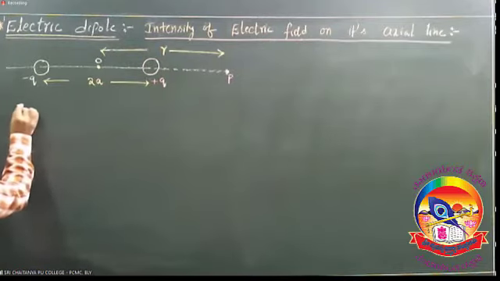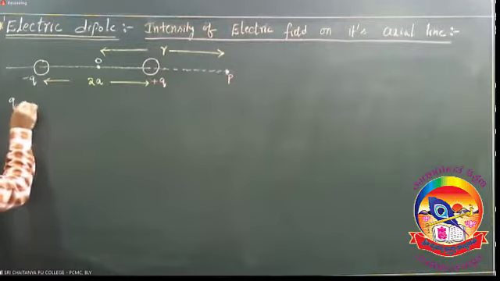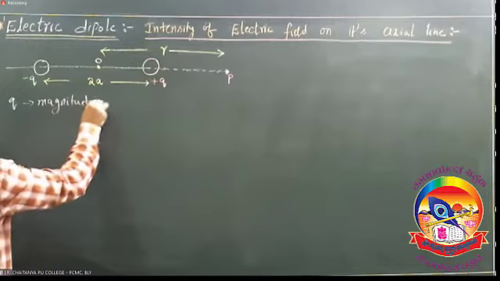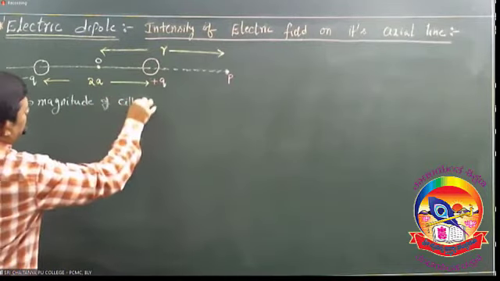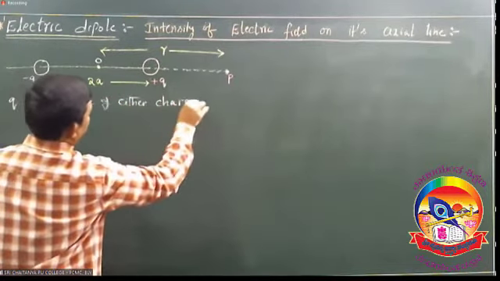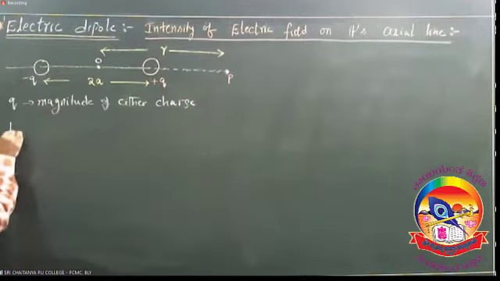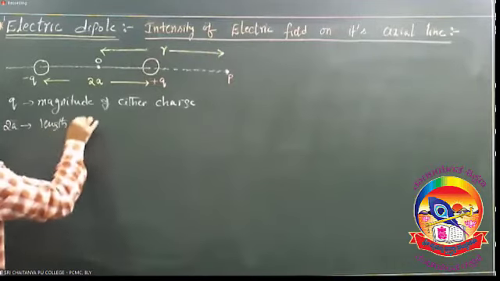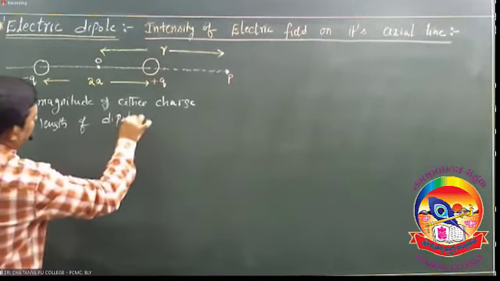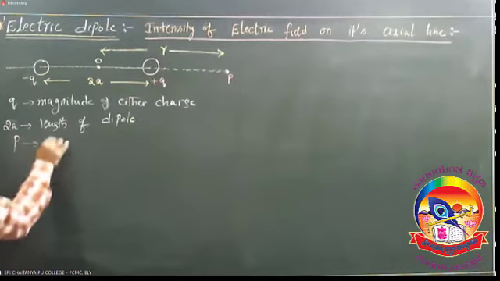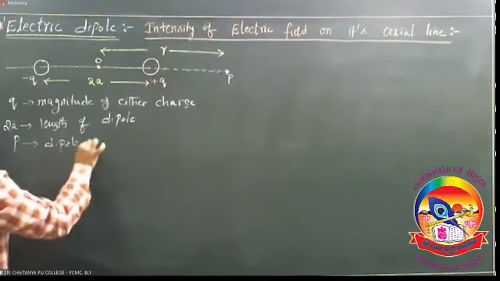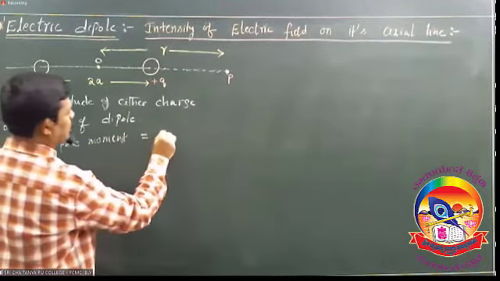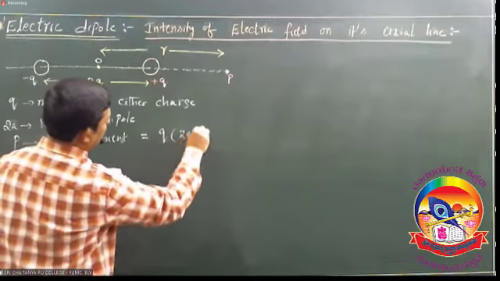Here, Q is the magnitude of either charge, 2A is the length of the dipole, and P is the dipole moment, the electric dipole moment, formed by Q into 2A.